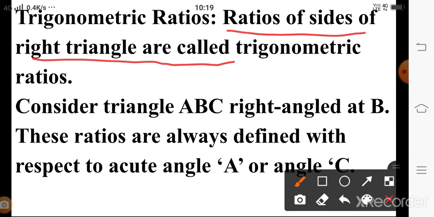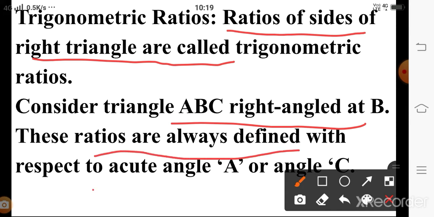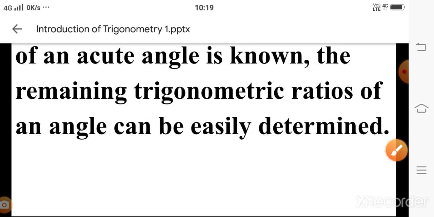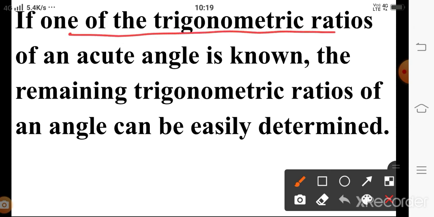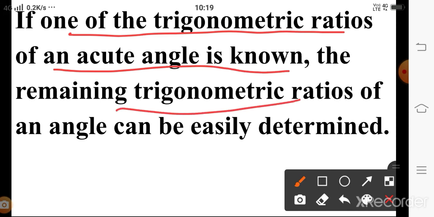If you are considering a right angle triangle ABC, right angle at B, then the ratios are always defined with respect to an acute angle. We define the ratios either with respect to A or with respect to C, if the given triangle has a right angle at B. And if one of the trigonometric ratios of an acute angle is known, then the remaining trigonometric ratios of the angle can be easily determined.